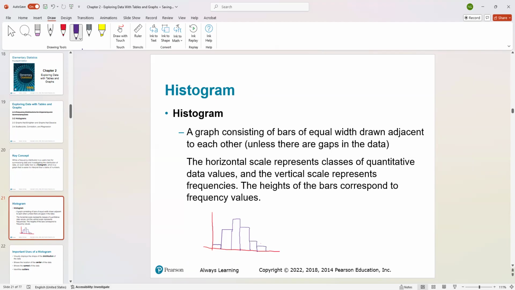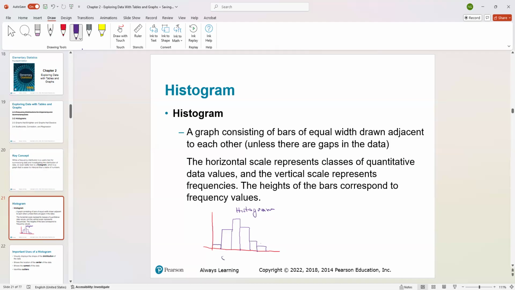That's an example of a histogram. Remember, it's a bar graph, but the bars are attached to one another. We'll have a chance in a different video to construct a histogram using Excel or StatCrunch, but in the meantime, I'm going to do it manually. Pay attention to the next video, where we cover it using Excel or StatCrunch.